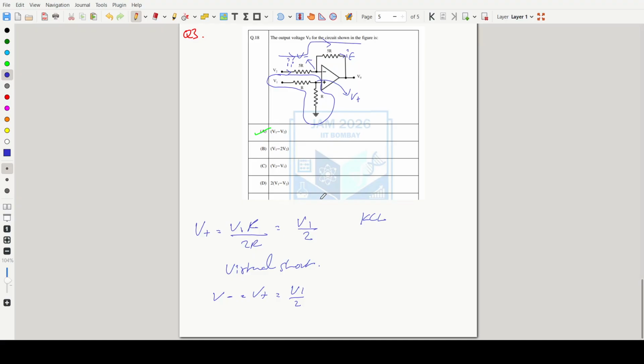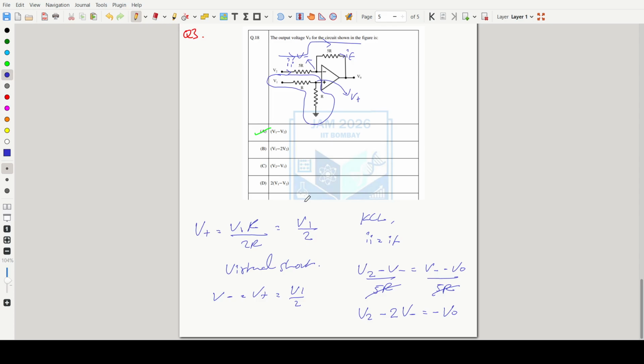So from KCL, I equals IF, and using Ohm's law, V2 minus V minus over R should equal V minus minus V naught over R. The denominators cancel.